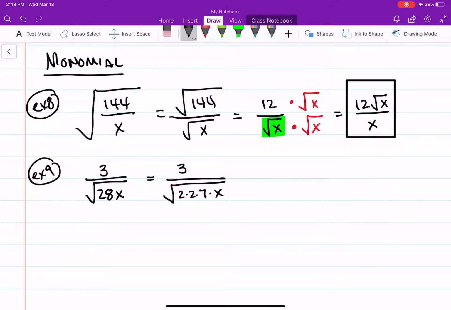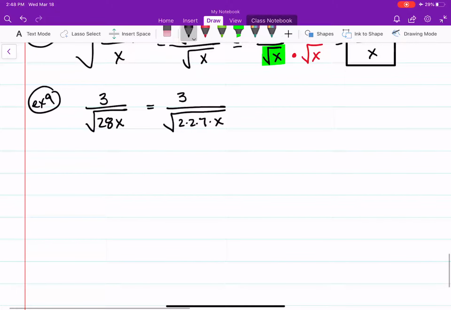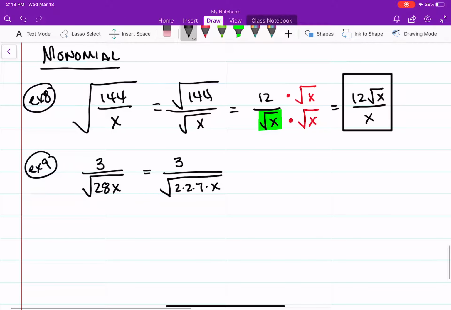Does everybody agree? Okay, so this is what I like to say. So essentially up here, if you notice, what's in red is what I need to get rid of that radical. Okay, because I have a single x and I needed a pair of x's, I needed one more x.